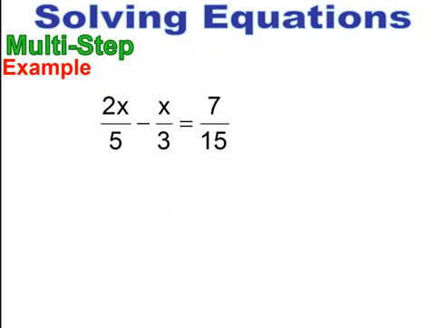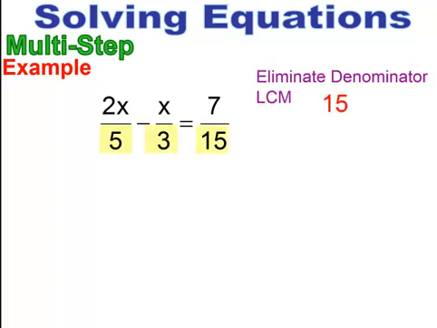This next example is an equation that has multiple fractions. Whenever you have something that looks like this, the easiest way is to eliminate the fractions. And to eliminate the fractions, you want to multiply by the least common multiple. So you look at the denominators here and you say, okay, what's my least common multiple for 5, 3, and 15?